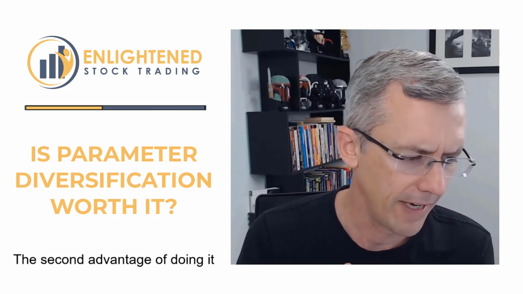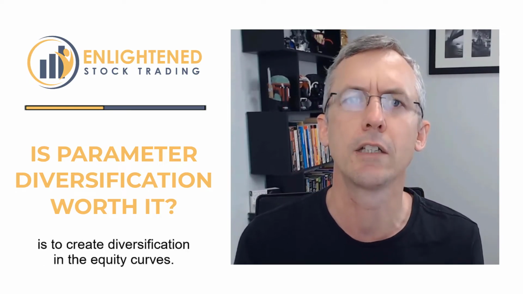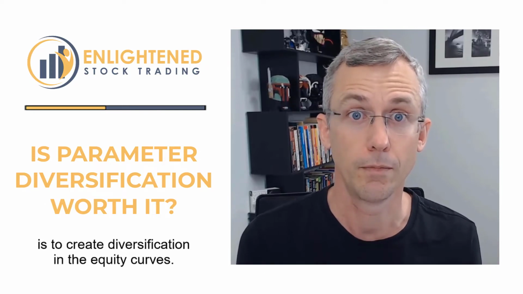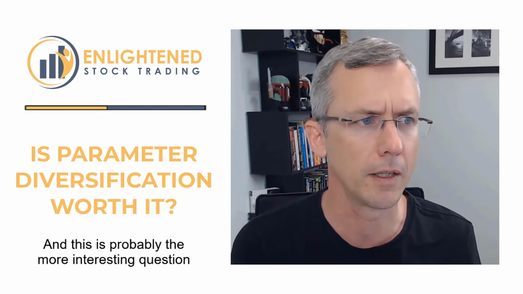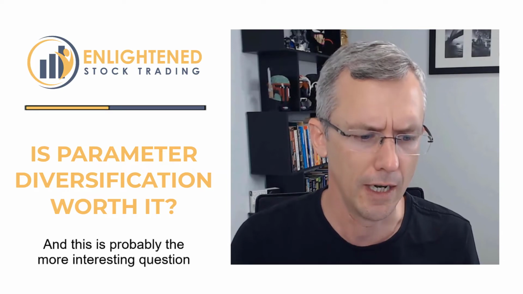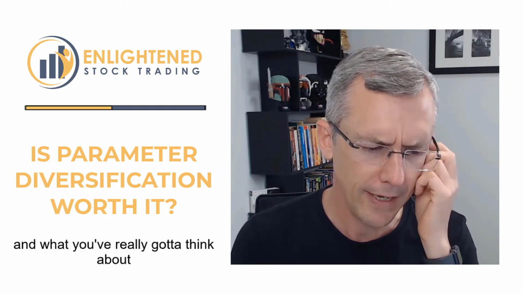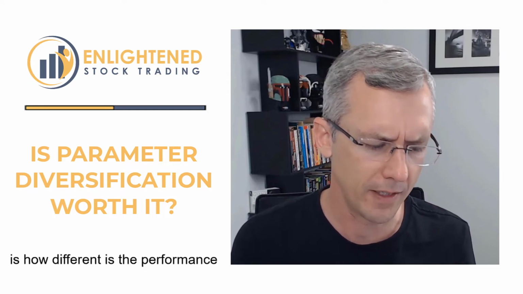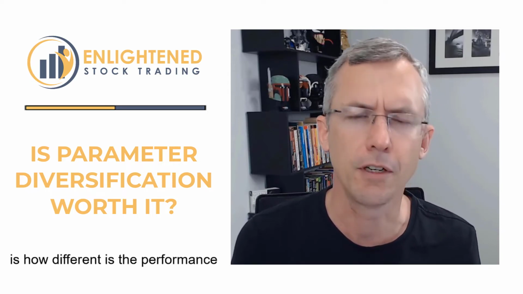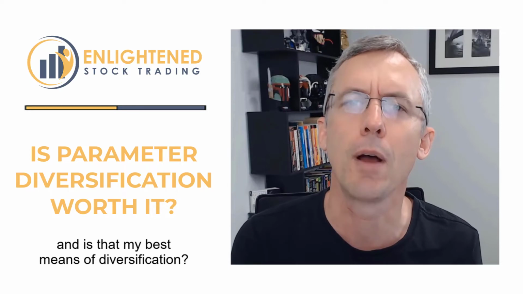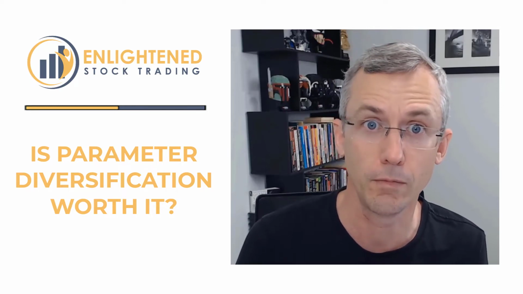The second advantage of doing it is to create diversification in the equity curves. And this is probably the more interesting question. What you've really got to think about is, how different is the performance, and is that my best means of diversification?